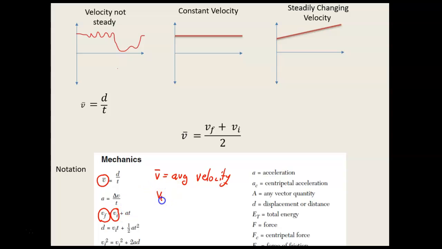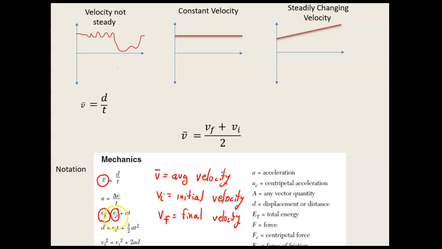So VI is initial velocity, that means the velocity at the beginning. And VF is final velocity. Okay, so just recognize that there are different symbols here, but you shouldn't be intimidated by it. V bar just means average velocity. VF is the final velocity. VI is the initial velocity.